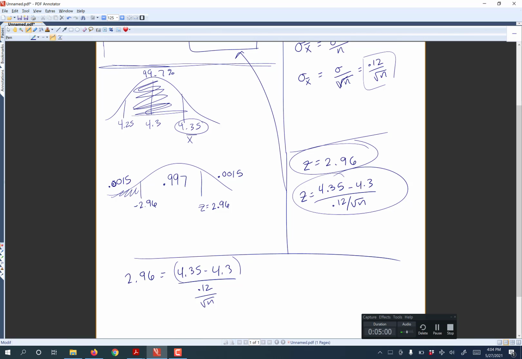Now the biggest thing is you need to make sure that you work with this complex fraction correctly. So I could multiply both sides by 0.12 over the square root of n. We're solving for n.